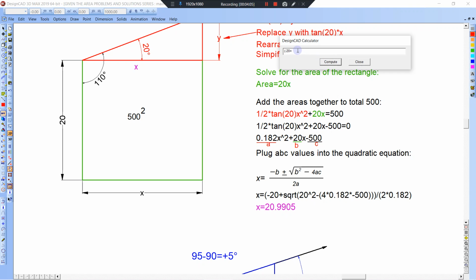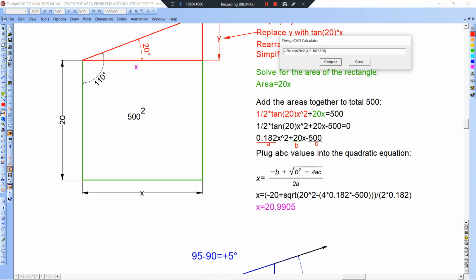So negative 20 plus square root, open parenthesis, 20 squared. 20 is B, 20 squared, minus, open parentheses, 4 times A, 0.182 times C, which is negative 500.